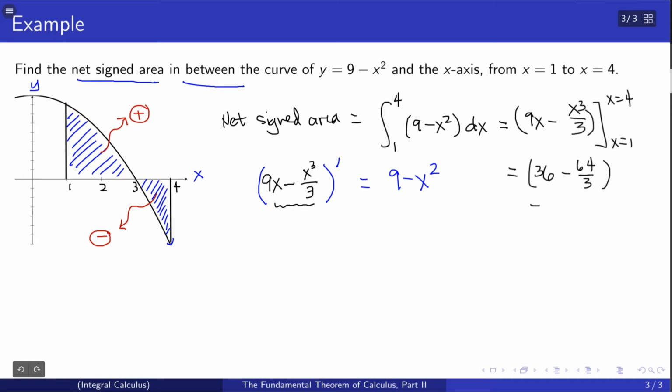And then you subtract the value you get when you plug in a 1. So it's 9 times 1 minus 1 over 3. And that's equal to 27 plus 21... right, so 27 minus 21 is 6.